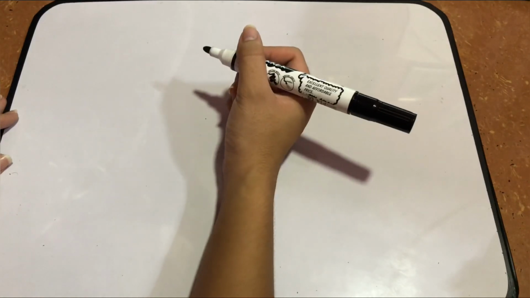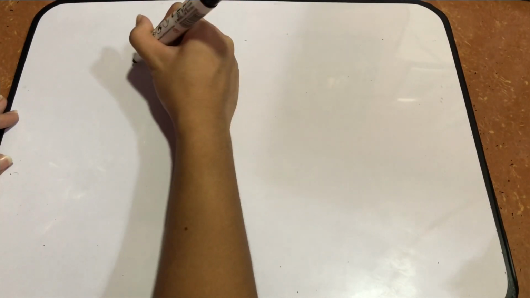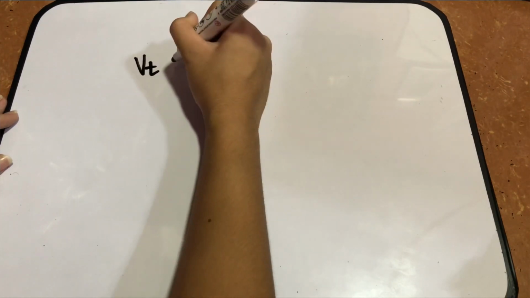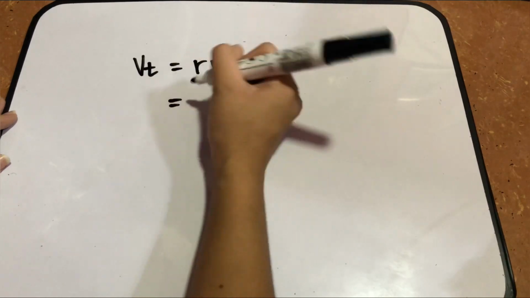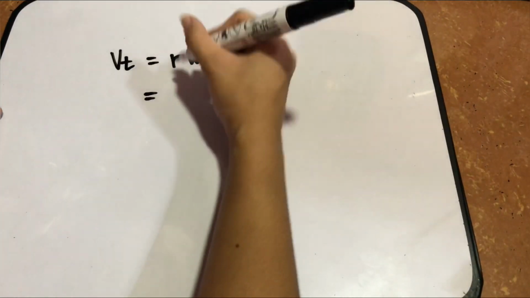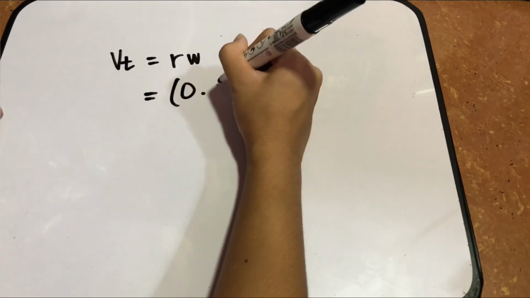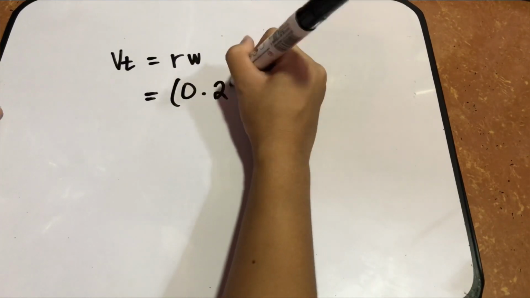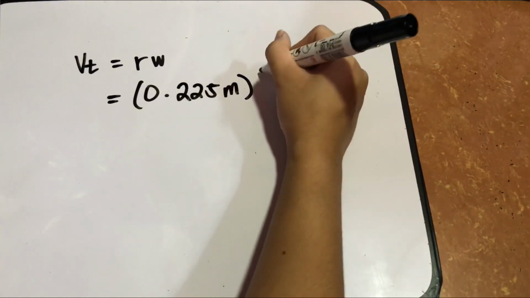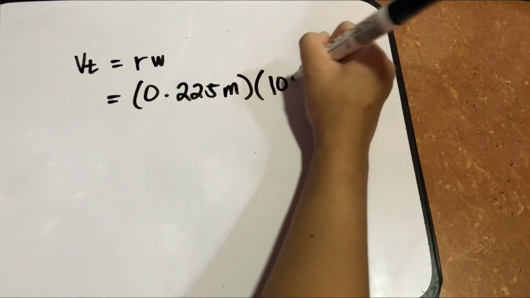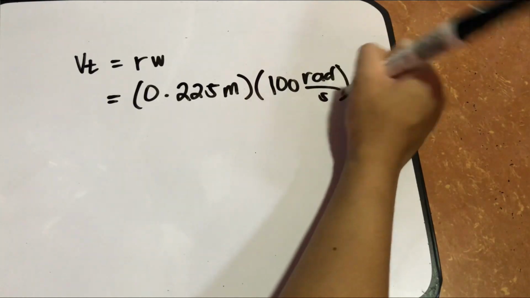So itong ganina na para makuha ang tangential speeds is Vt is equals to R times W. Ang radius na ikaduha kay 0.225 meters times pila tong ganina, 100 radians per second.